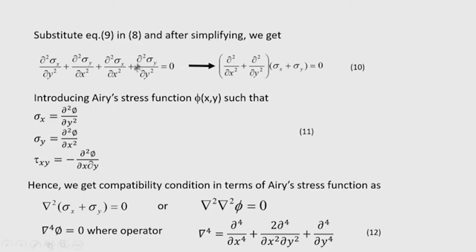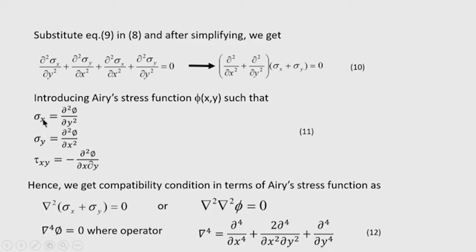The Airy stress function φ is introduced in such a way that the second derivative of φ with respect to y will give you σ_x, and the second derivative of φ with respect to x will give you σ_y.